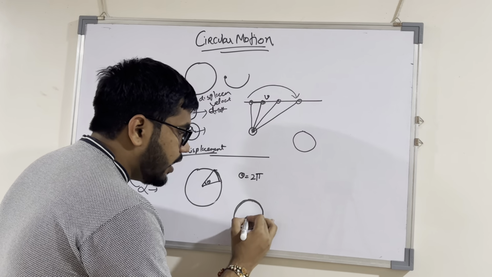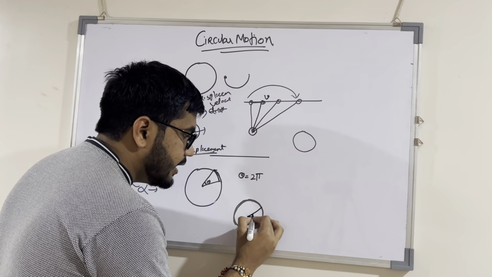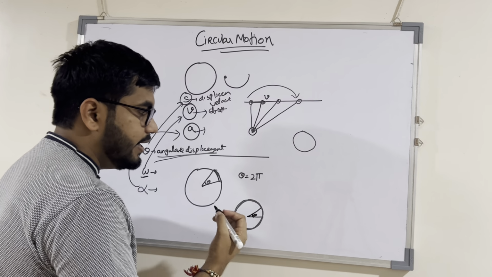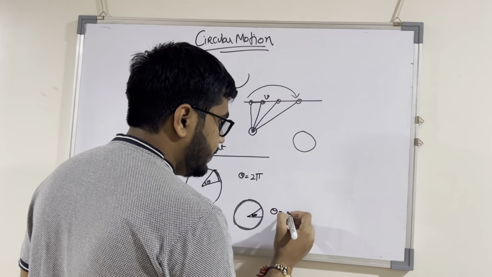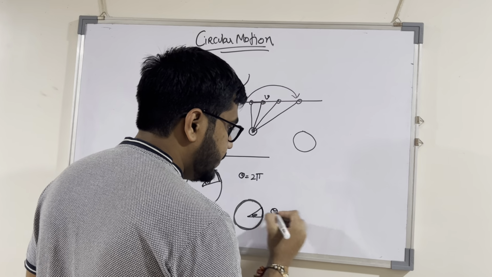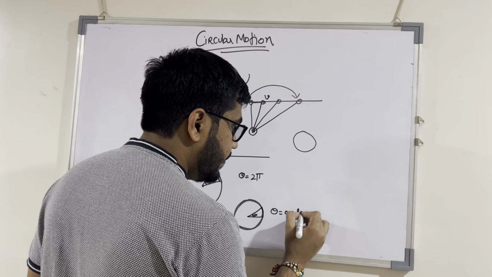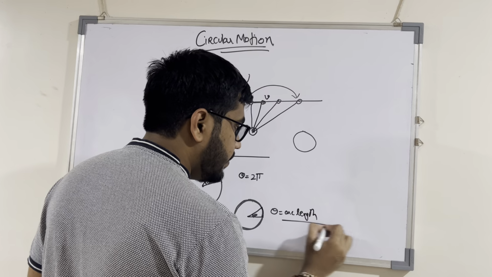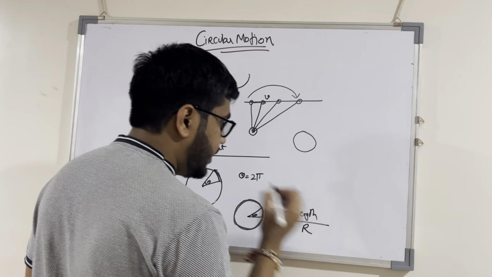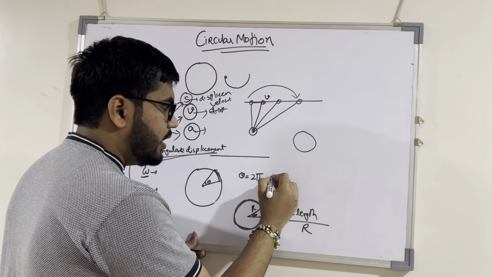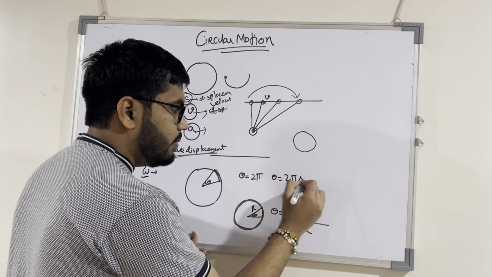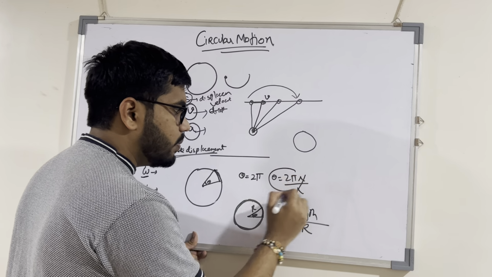So for an angle theta, how do I find theta? Theta is actually arc length by r, by radius. How do I validate this? If it is the entire circle, the arc length will be 2 pi r, and r will cancel, leaving 2 pi, right?